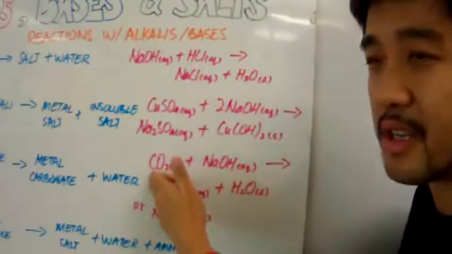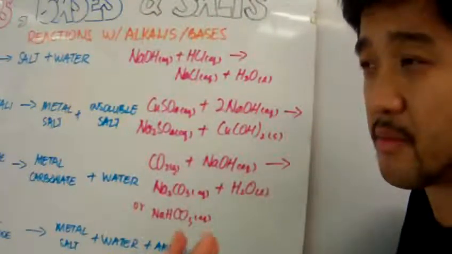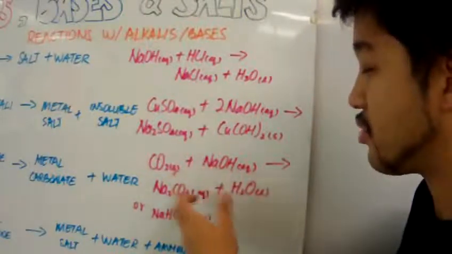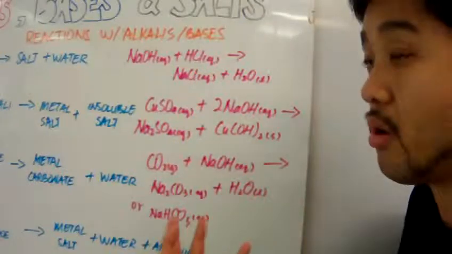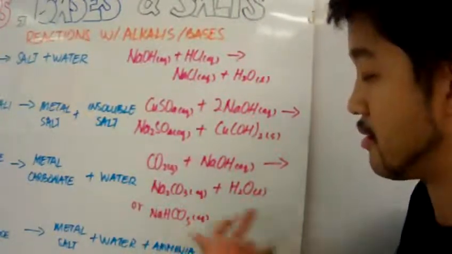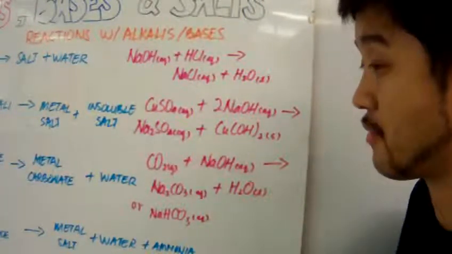I didn't write carbonic acid because we're not too particular about that at this level. And so you mix the two together, you get sodium carbonate and water. Or you can also get sodium bicarbonate or sodium hydrogen carbonate. Both are aqueous in water.